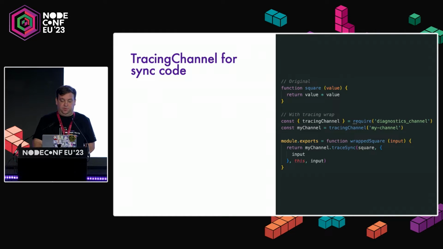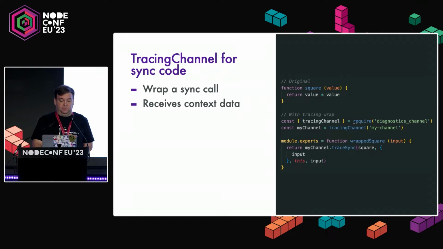So this is what it looks like for synchronous code. We've got this trace-sync function that wraps a synchronous call. Here it's wrapping the square function. The second parameter receives context data. So we've given it this object with the input, so we know what value we're passing into square.